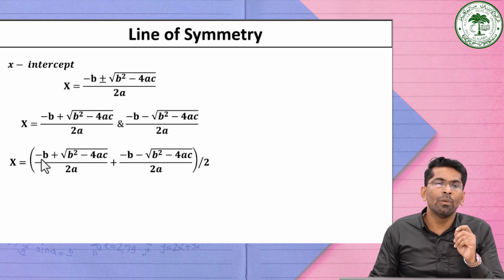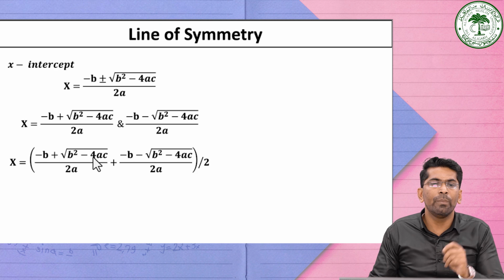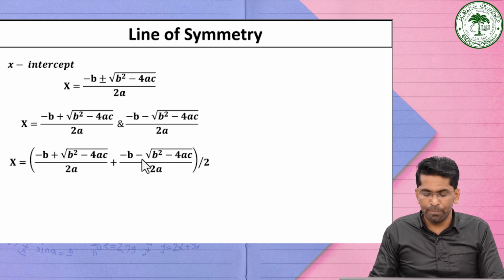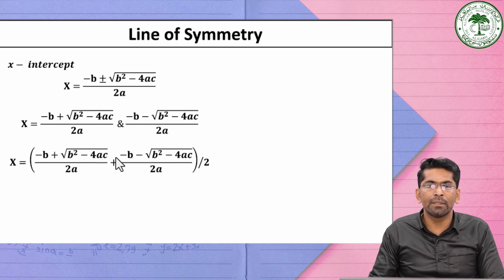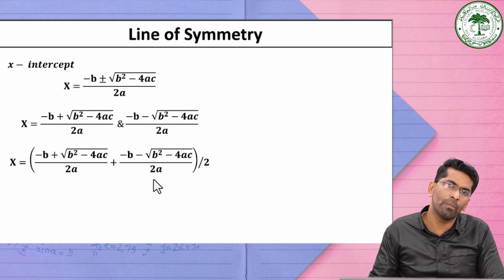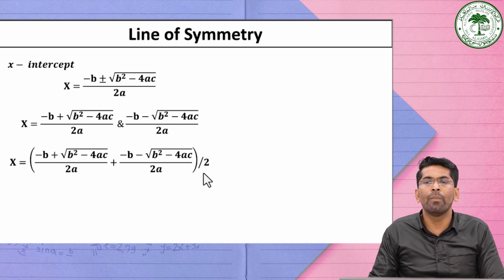So x is equal to minus b plus the square root of b squared minus 4ac divided by 2a, plus minus b minus the square root of b squared minus 4ac divided by 2a, the whole divided by 2, so that we get the average.